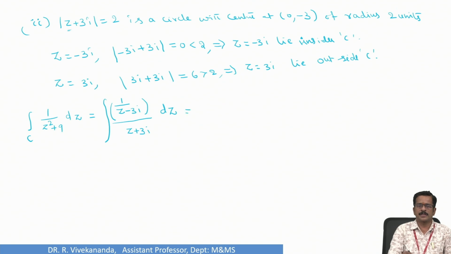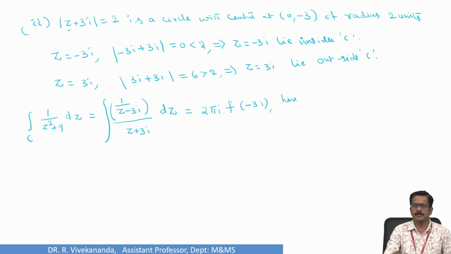So by Cauchy's integral formula, we write this as 2 pi i into f of minus 3i, because the singular point z equals minus 3i lies inside. So we evaluate the function. Here f of z equals 1 by z minus 3i.